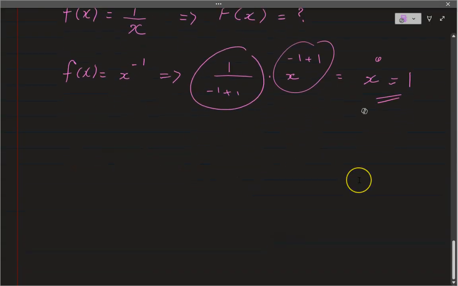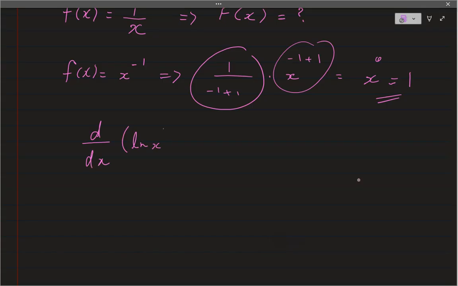But remember that this was true: d/dx of the natural ln of x was 1 over x. So we're going to use this now. But there is a restriction for the ln of x. X has to be greater than 0, and it cannot be anything else.